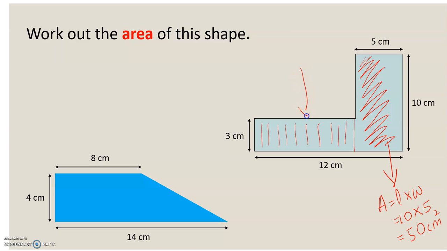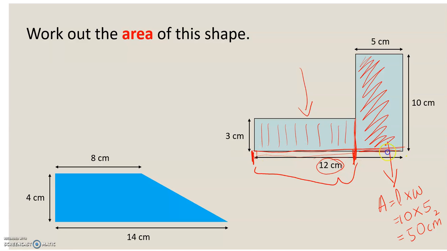And then if I want to work out the area of this rectangle, so I've drawn a line here, I need the length here, and I've already been given the width. Now to work out this length here, 12 centimeters is the length of this total bit here. I only want the length from here to here.